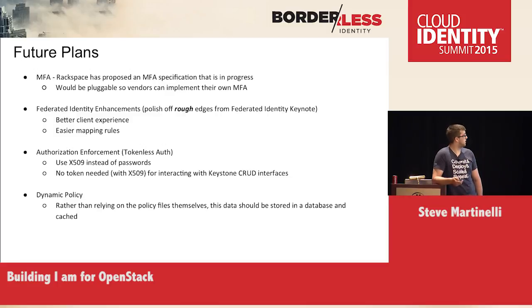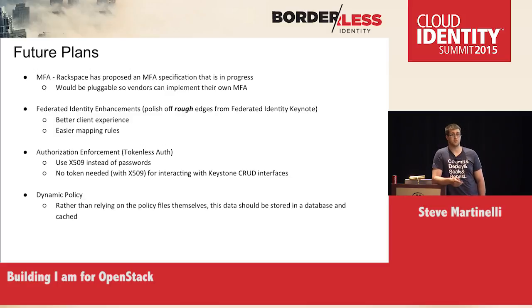And probably one of the biggest talked about issues at the last OpenStack Summit was dynamic policy. Presently, the way we manage the policy files is it's literally a file. It's called policy.json. And you start up a service, and that's what it's going to read from. And if you want to edit that file, you have to restart that service, which is less than ideal.